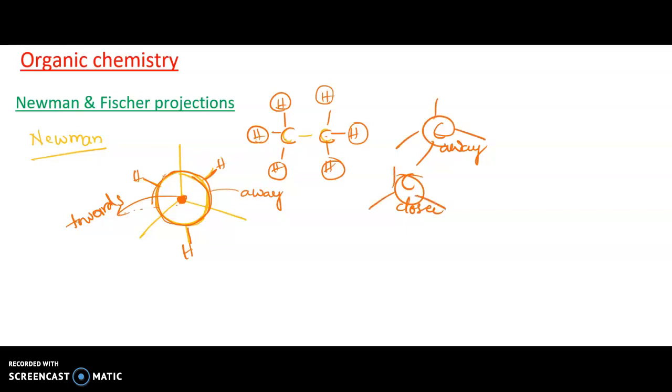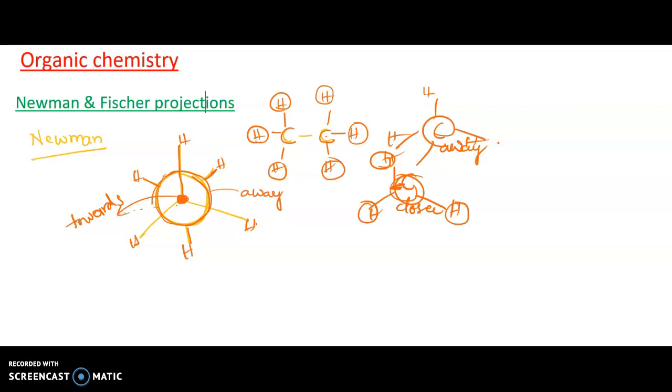The front carbon is represented with the dot, and the hydrogen bonds starting from the center of the circle are the bonds that come from the front carbon.